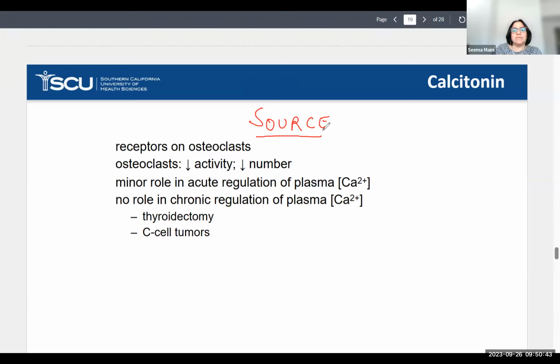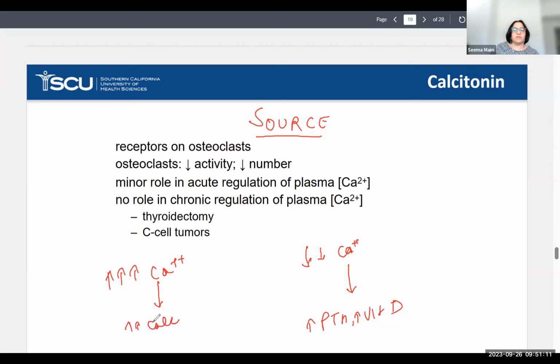So parafollicular C cells in the thyroid gland secrete calcitonin, and calcitonin release is triggered whenever you have excess calcium ions. It is opposite. Deficiency of calcium ions will cause PTH and vitamin D. Excess calcium ion will cause increased level of calcitonin, which is rare, right? It's very rare to have hypercalcemia, okay?